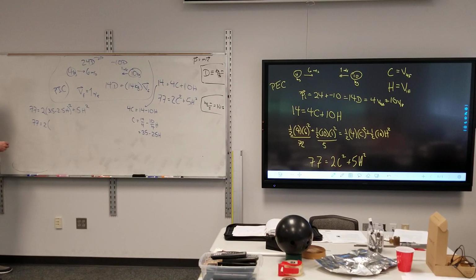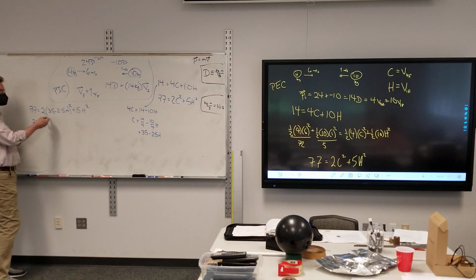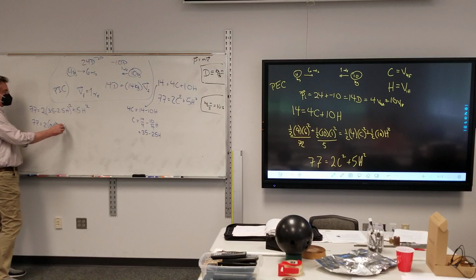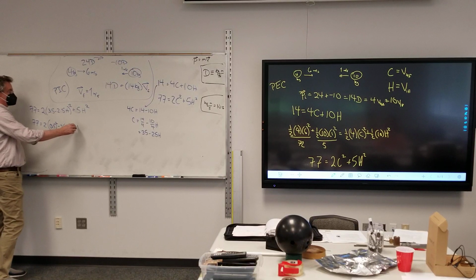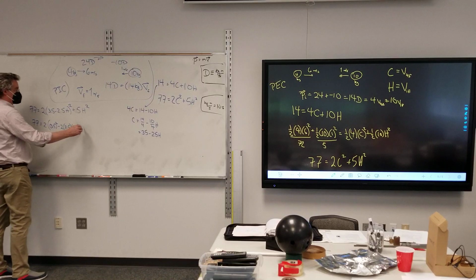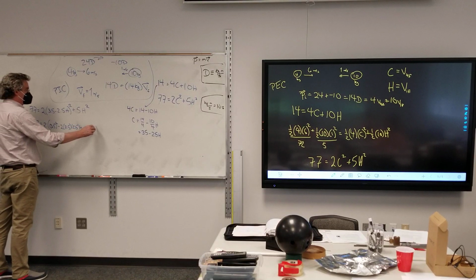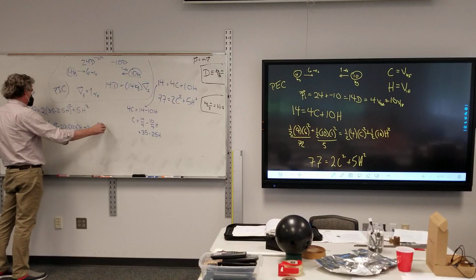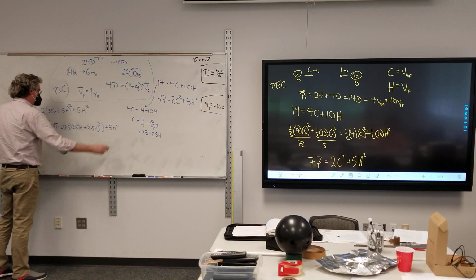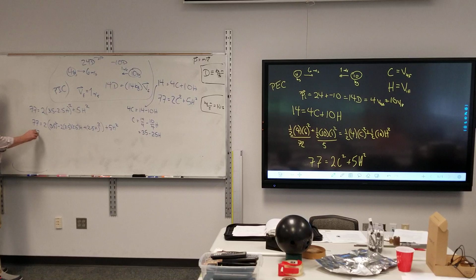So, squaring a binomial, this becomes 3.5 squared minus 2 times 3.5 times 2.5h plus (2.5h) squared plus 5h squared. 77 equal to 3.5 squared, 12.25. There you get 12.25.